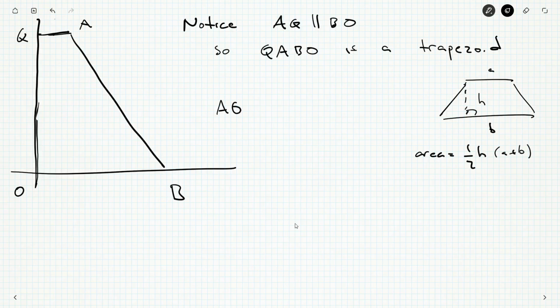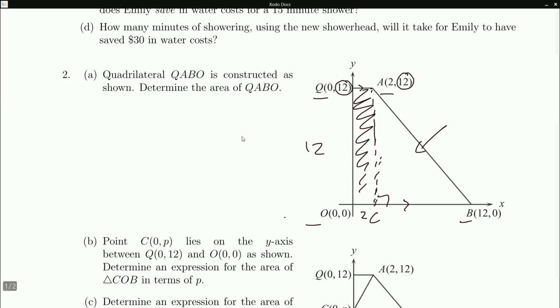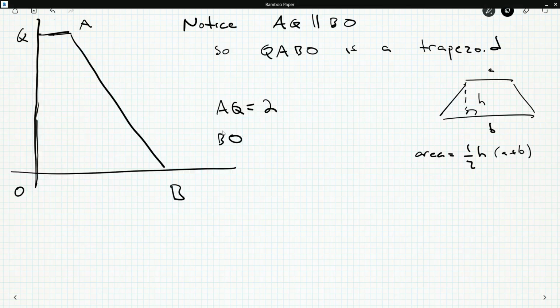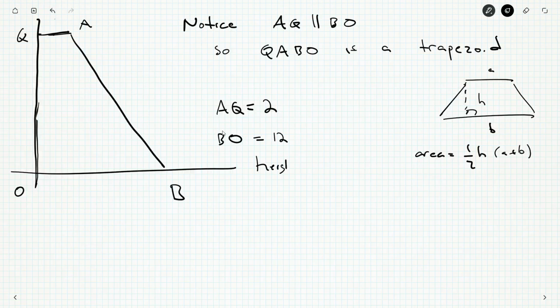You don't really need to justify this as long as your numbers are correct, but AQ is 2. BO, I think it was 12, was it? Yeah, so this distance from the origin, just the difference in the x coordinates, is 12, and the height is QO, which is also 12, the difference in the y coordinates this time.